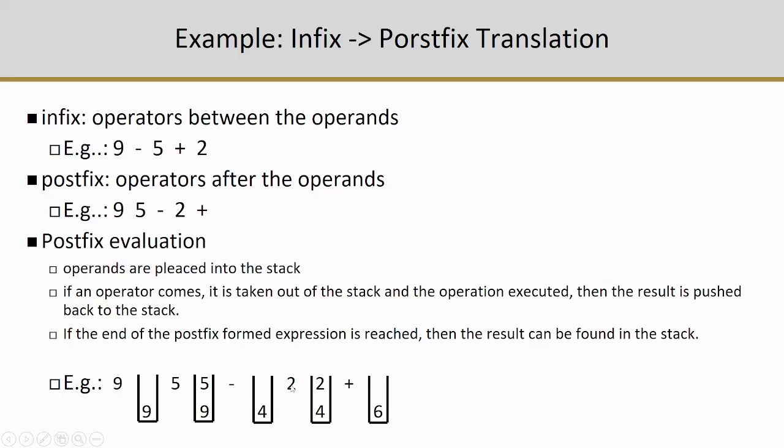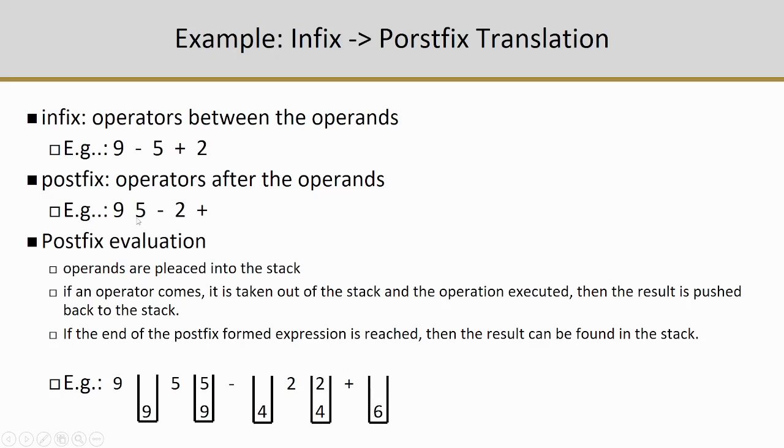When a number comes, we just simply place it on the top of the stack. When we have an operator again, then we pick up the required number of operands, so in this case two numbers again, apply the addition and place the result back.